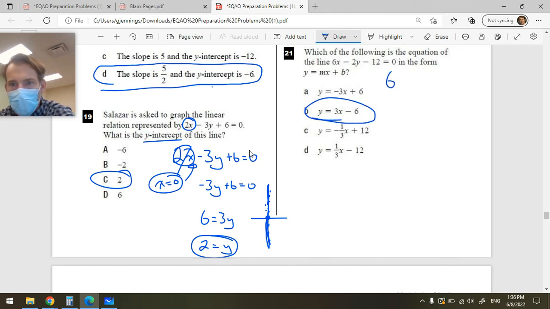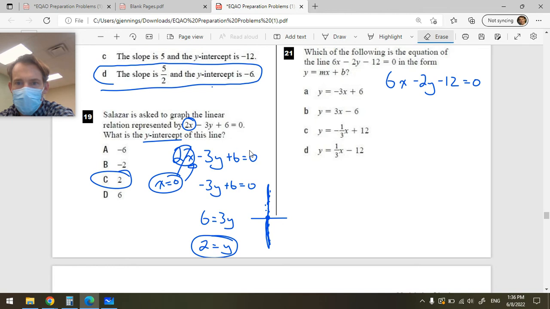Well, because I did 2 things in my head. 6x minus 2y minus 12 equals 0. I really just need to find the slope to answer this question because every slope is unique. Okay, so if I find the slope, then I'll be able to answer this question. So let's do that. To get the slope, I just need to get the y and the x on the other side and isolate the y.